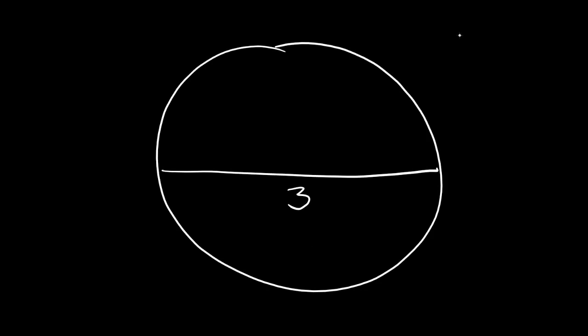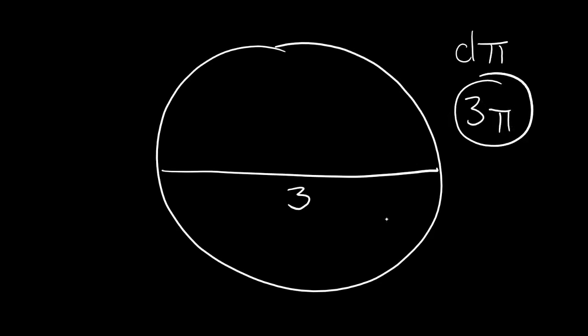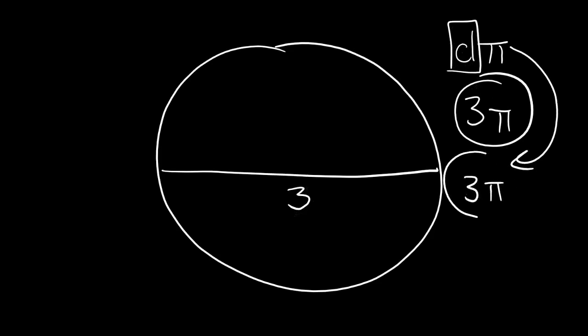The circumference is d pi in terms of pi. If you answered 3 pi, you'd be correct, because we were given that the diameter is 3 units. So wherever you see diameter, replace it with 3. And then you move the pi, and you get 3 pi.